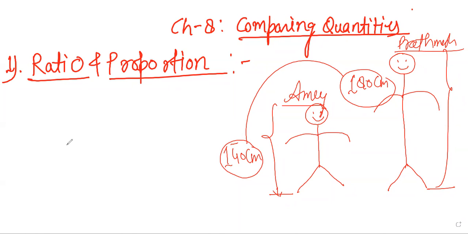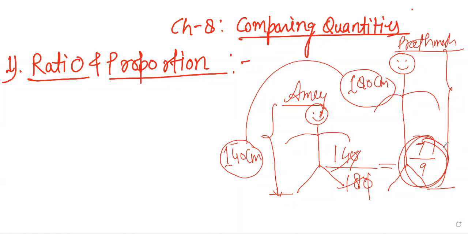If we do it this way, one number will be divided by the other number. So this is converted and we get the answer 7/9 after simplification. So this will be the height fraction. Now centimeter is the unit of height, so it cancels out.